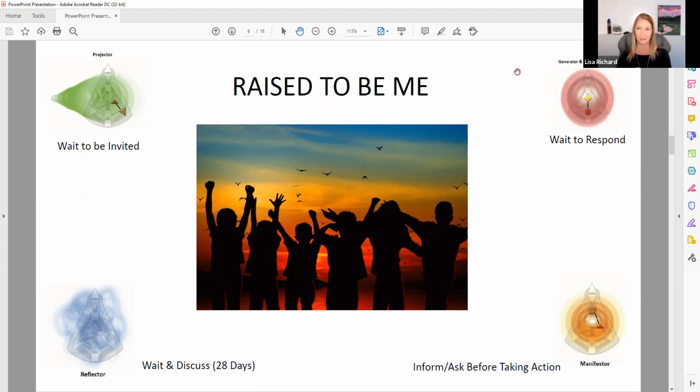So I want to talk a little bit about pure generators, especially as it relates to children. Of course, this applies to adults as well. But a pure generator has a lot of energy. And because they have a lot of energy, they need to do activities that are going to completely exhaust that energy before they can go to sleep, before their bodies can shut down.